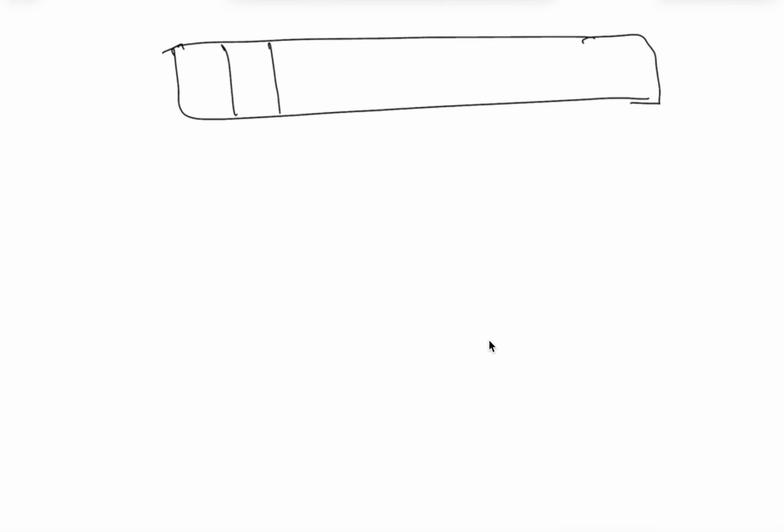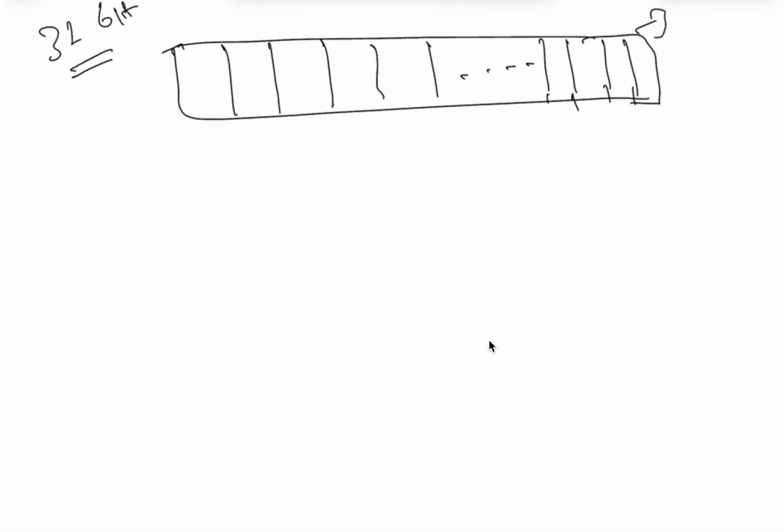If you take the example of a 32-bit machine, your hardware register size will be 32 bits. So this is a 32-bit register for your device. Each bit represents some particular state or configuration of this device, right? Each bit of this register has its own significance.